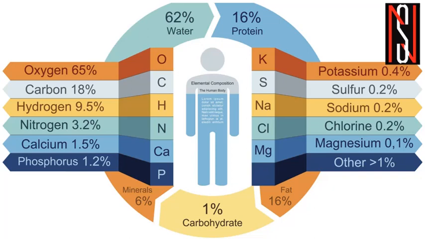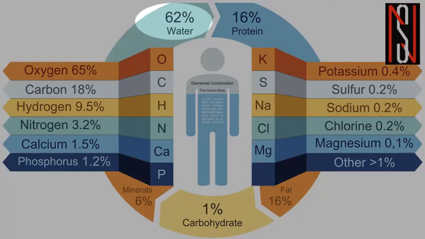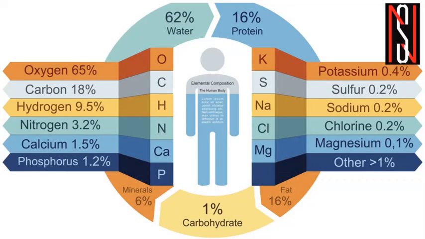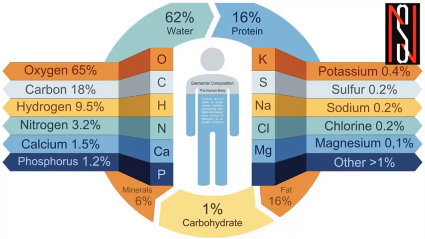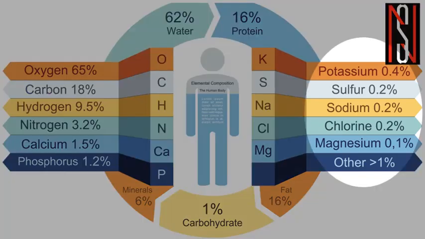You can see that the human body consists of 62% water, 16% protein, 6% minerals, 1% carbohydrate and 16% fat. Now, as you can see, in our human body oxygen is nearly 65%, carbon is nearly 18%, hydrogen is around 10%, nitrogen is 3.2%, calcium 1.5%, phosphorus 1.2%, and the rest of the metal ions are nearly around 1%.